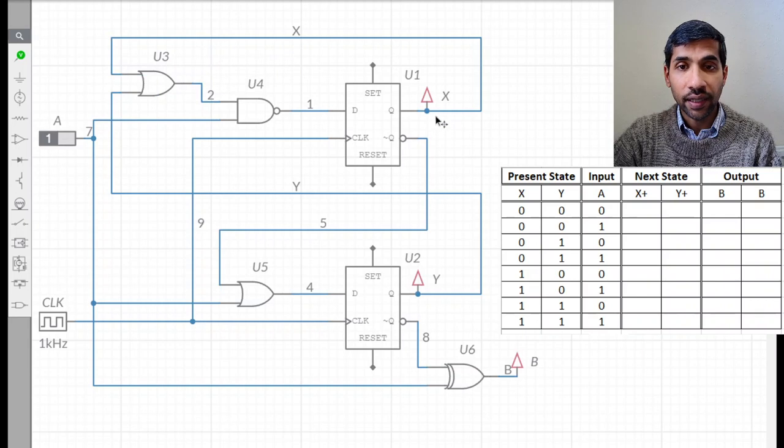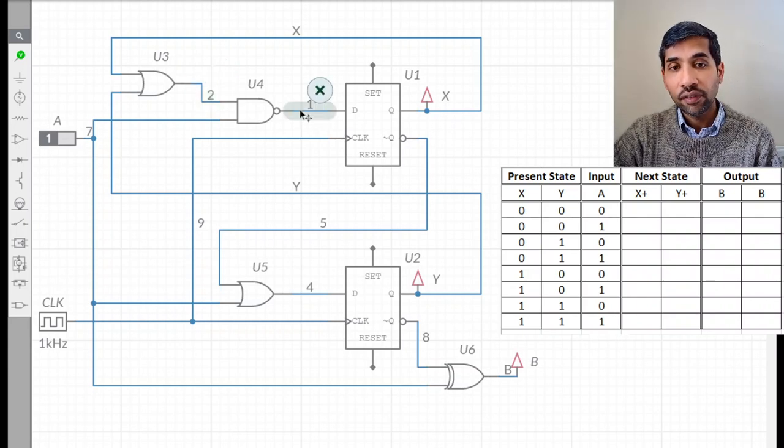X is 0 and the other input is coming from Y, which is also 0, so both are 0. So the value here is going to be 0. If any one of the inputs of the NAND gate is 0, what do you get at the output? You get a 1.